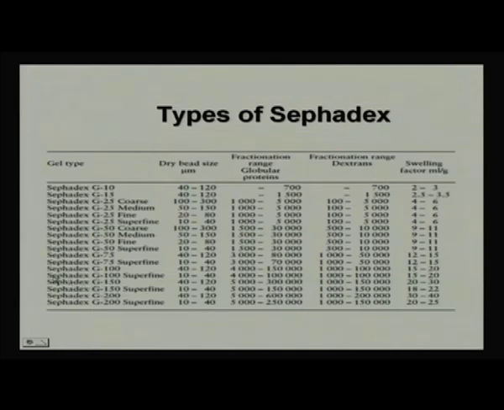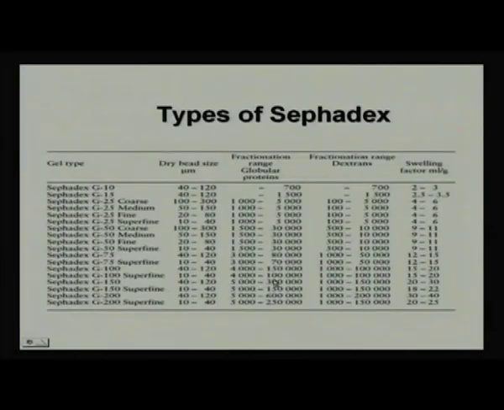Similarly, if we are taking Sephadex G100 superfine, here the bead size of this particular group varies from 10 to 40 micrometer, that is the diameter of the beads, and the proteins between 4,000 and 1 lakh can easily enter inside the beads of this range.